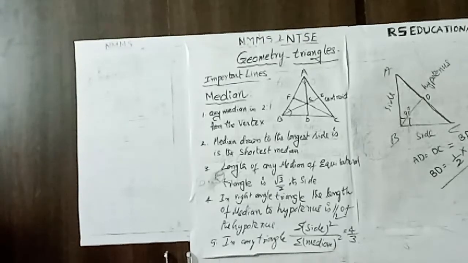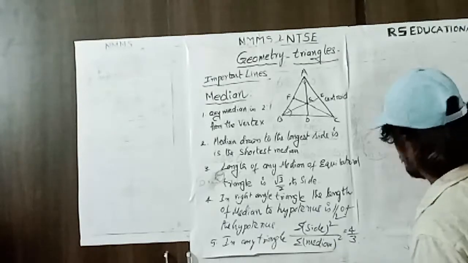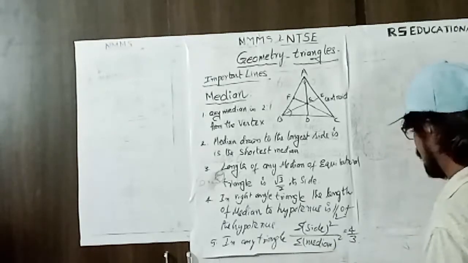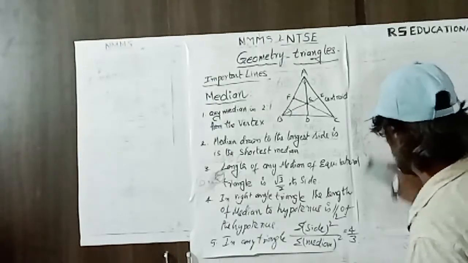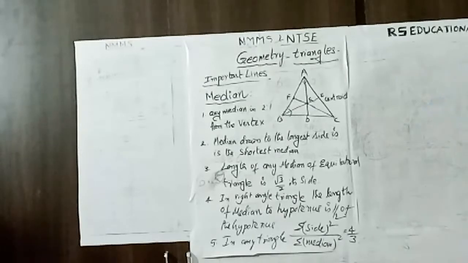Understand? Right. Now, third one. In any triangle, there is a relation between sides and medians.